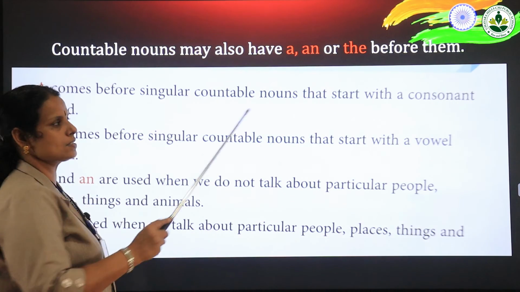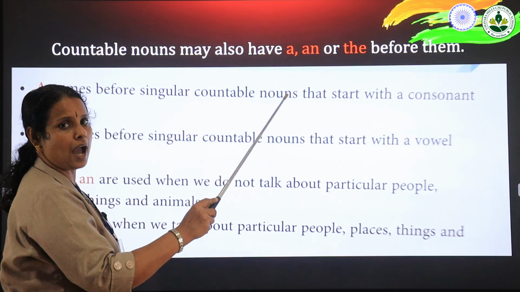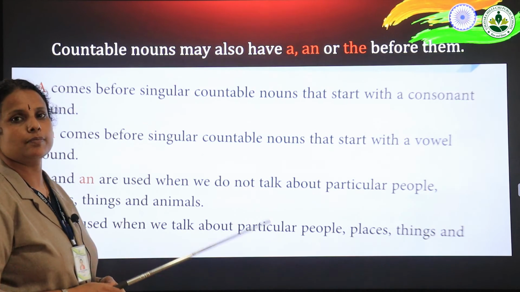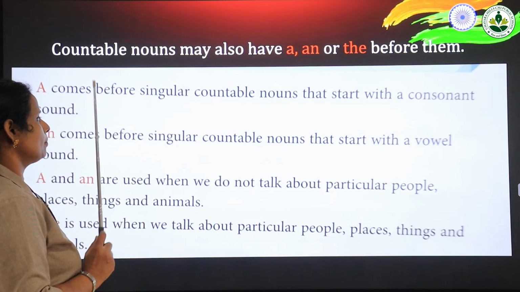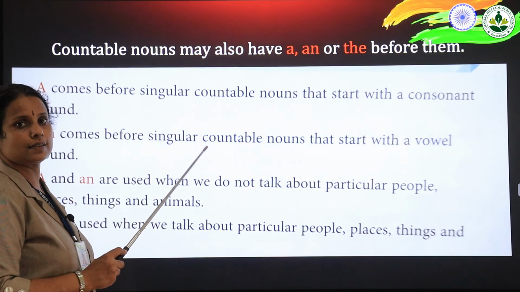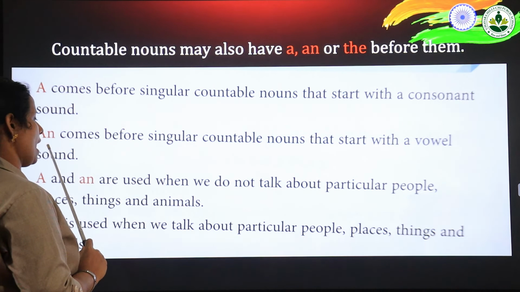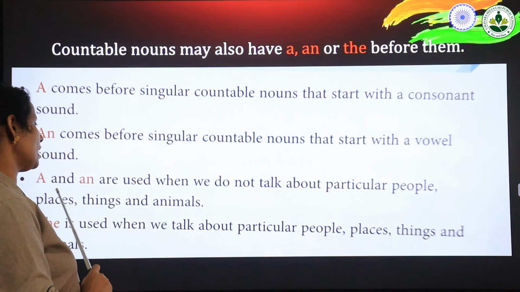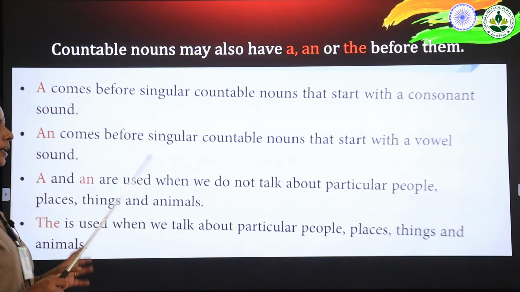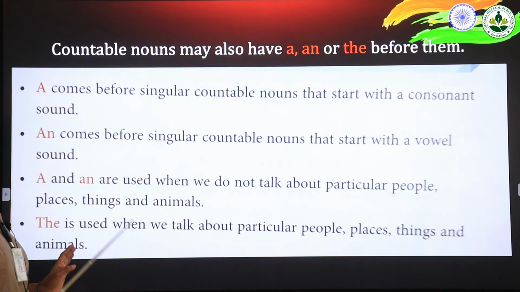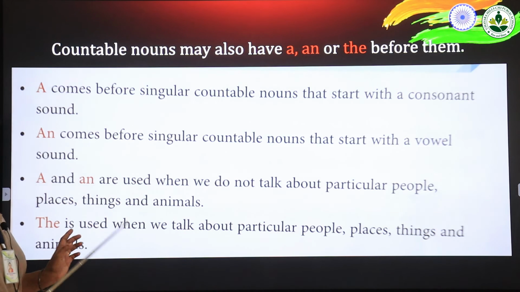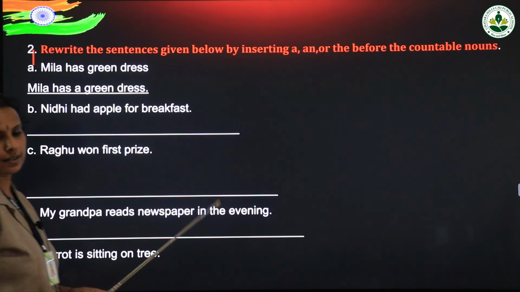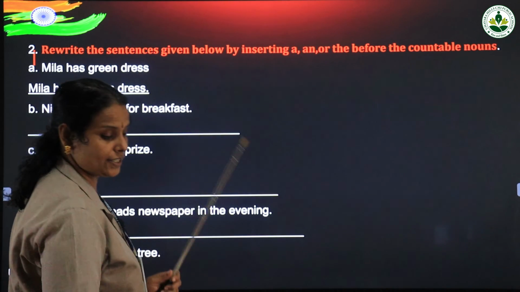We use a before countable nouns beginning with a consonant sound, and if a singular countable noun begins with a vowel sound, add an. If we are not talking about a particular person, place or thing, we can add a and an, and if we talk about particular people, places, things or animals, we have to use the word the before the countable nouns.